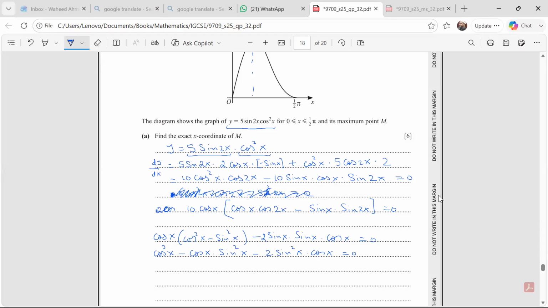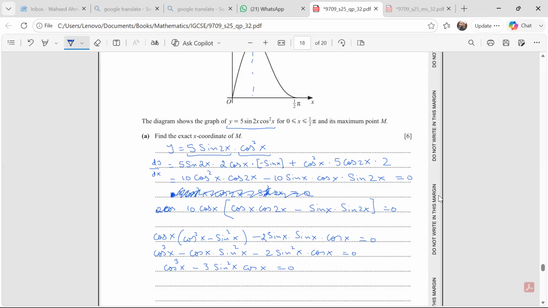Oh my goodness. Okay, so this will become cos cube x minus, these two are the same expression, right? 2 sine square cos and 1 sine square cos. So it will become minus 3 sine square x into cos x equal to 0.